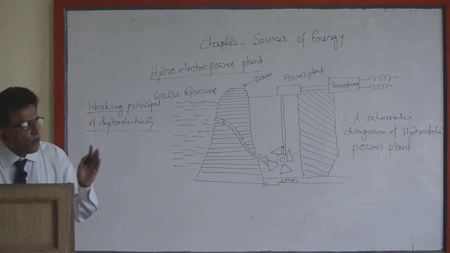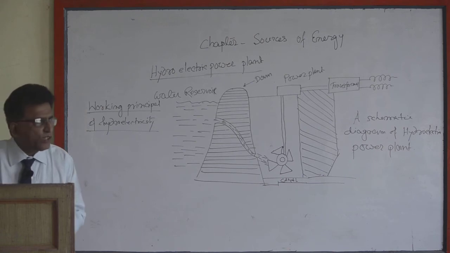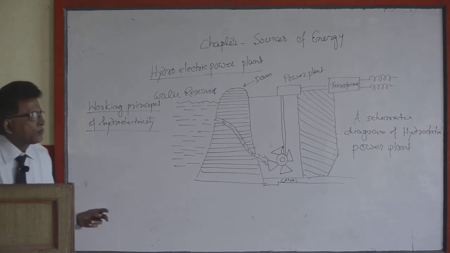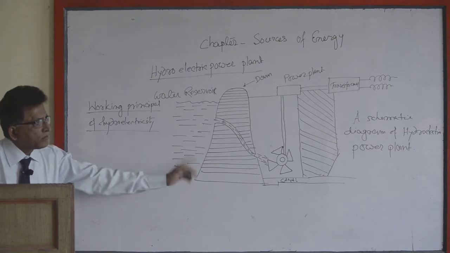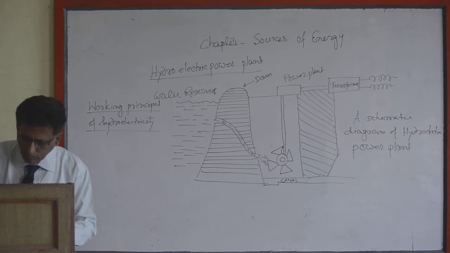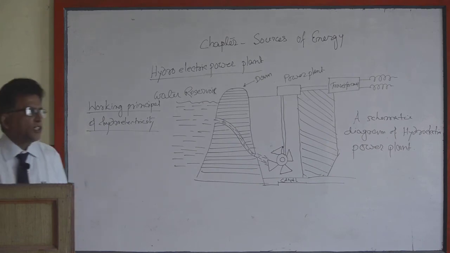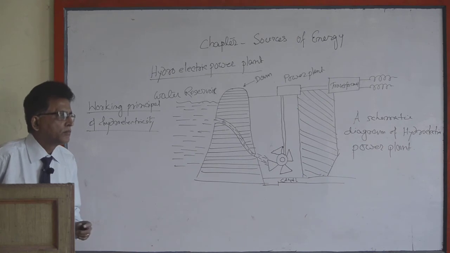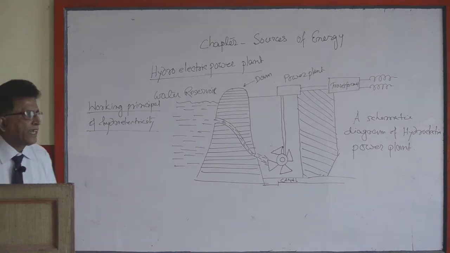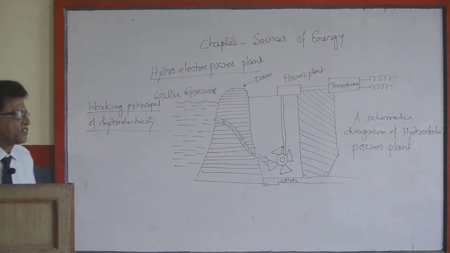The water falls on the turbine, so kinetic energy of the falling water is converted into kinetic energy of the armature of the generator. The kinetic energy is converted into electrical energy known as hydroelectricity.